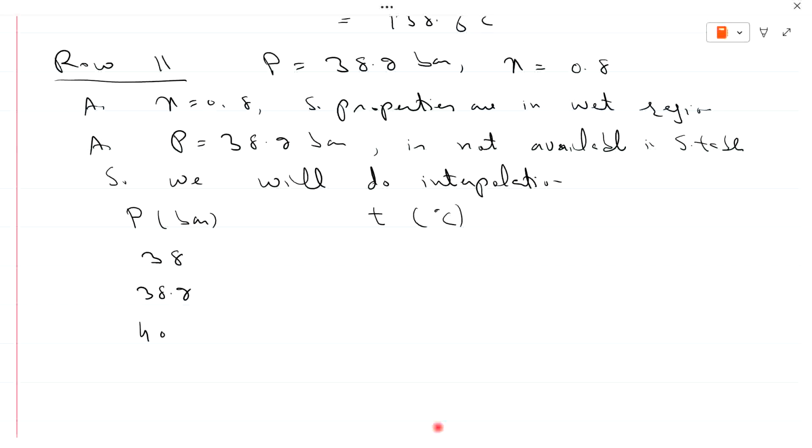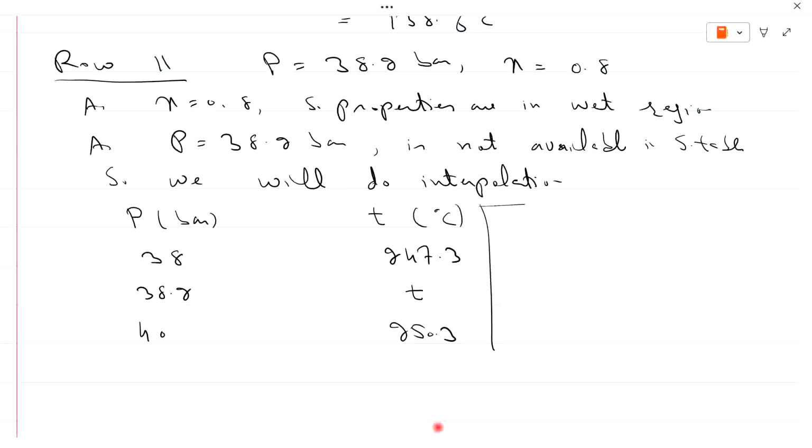Temperature at 38 bar is equal to 247.3 degree centigrade, and at 40 bar this is 250.3. Temperature is required at 38.2 bar.